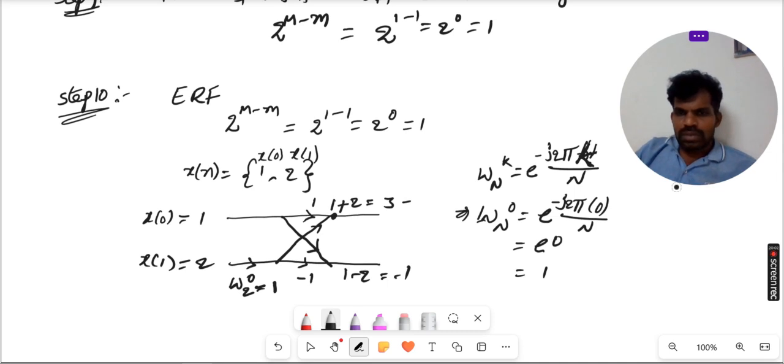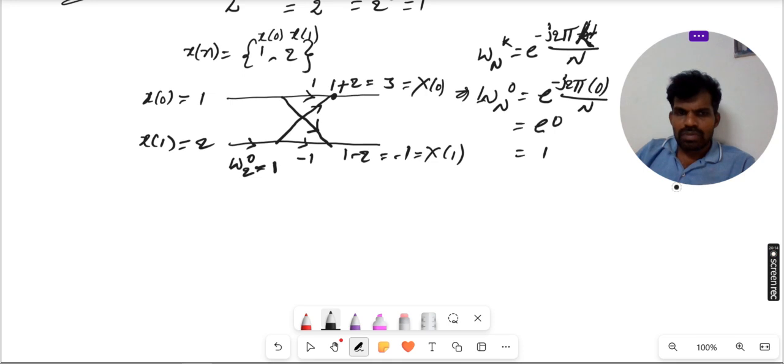So this is capital X of 0 and this one is capital X of 1. Therefore capital X of small k is equal to 3 comma minus 1.